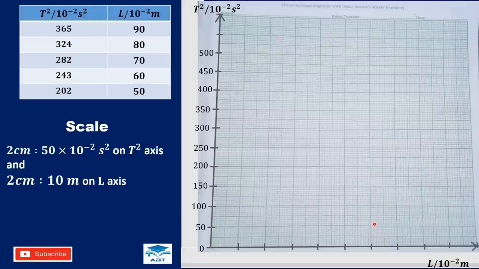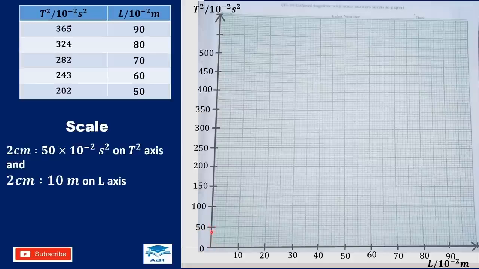And on the L axis, we choose a scale of 2 centimeters to 10 meters. So from 0, we have 10, 20, 30, 40, 50, and so on. On this axis, 50 divided by 10 is 5.